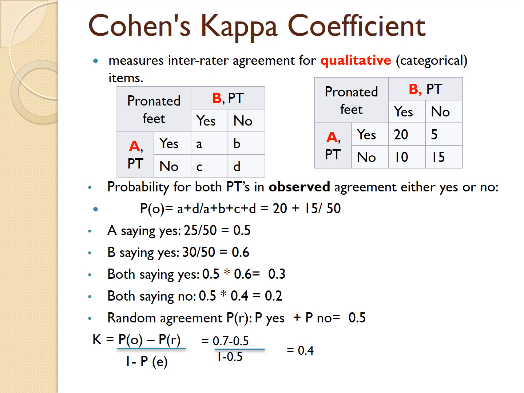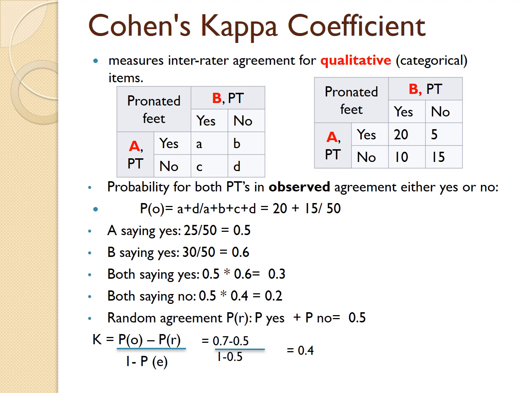It is divided by 1 minus the probability of random agreement. That P bracket E should actually be P bracket R. That's a typo here. So the formula to calculate Cohen-Kappa is the probability of observed agreement, that was 0.7, minus the probability of random agreement, that's 0.5, divided by 1 minus the probability of random agreement, again 0.5.